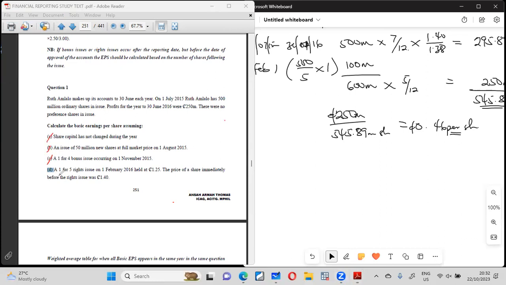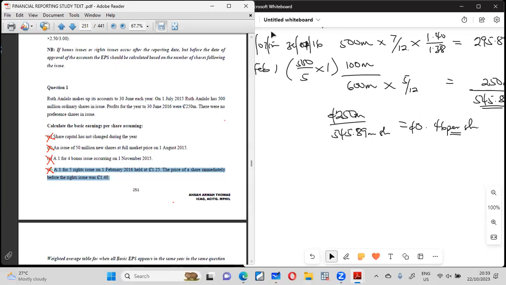So assuming there is no A, B, C, D, and the question is all together as one question. You have this issue, then on these days they made this issue, then there is a bonus issue, then there is a rights issue. So all the question is one time.